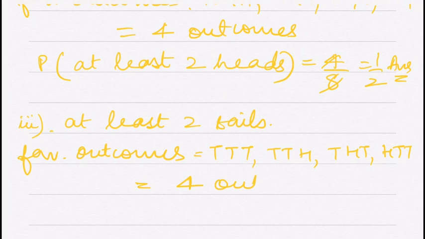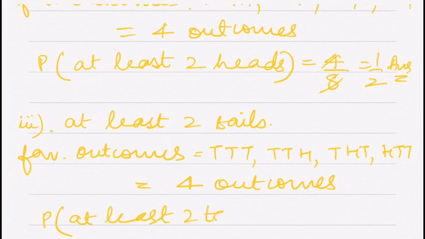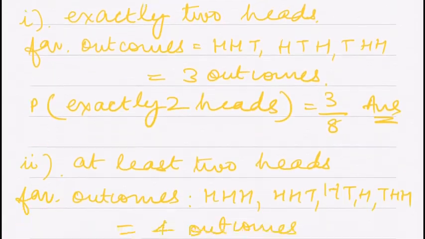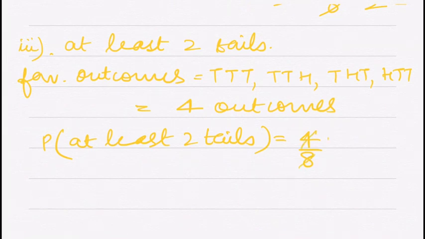All these have at least 2 tails, correct? So there are 4 outcomes for this also. So my probability of at least 2 tails will be equal to 4 by 8, since total outcomes are 8, so 1 by 2. That's my answer. Okay guys, we are done with our 3-mark questions.